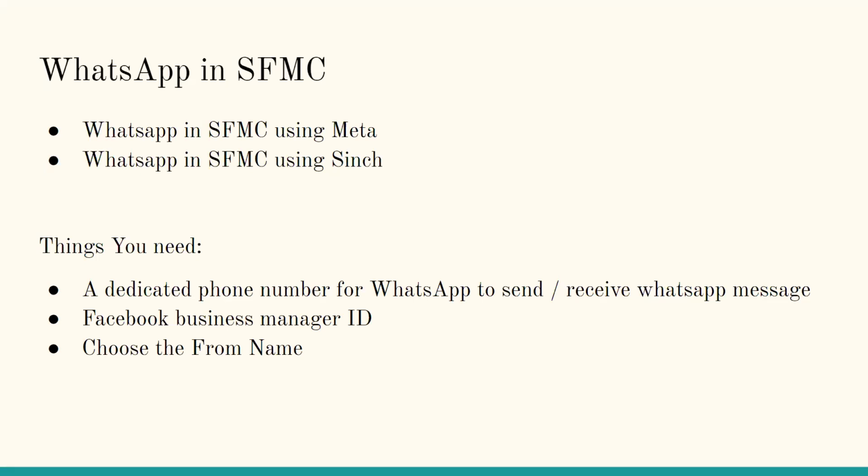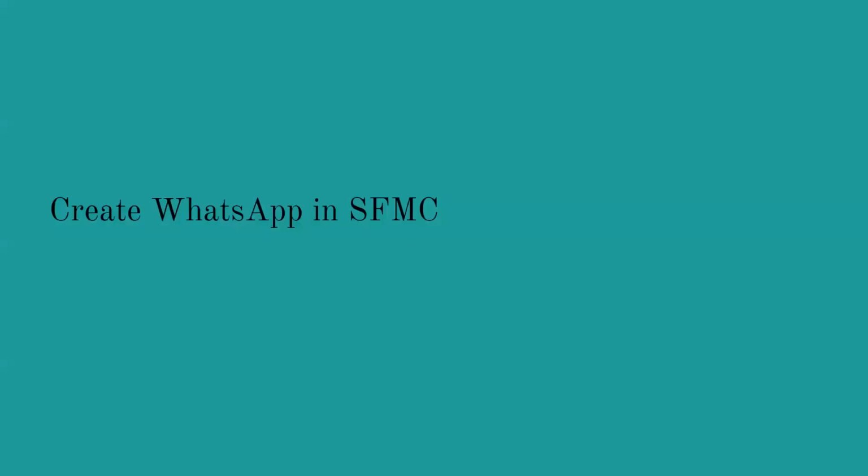Basically, your company name can be the from name, so a company called Sony can have the from name Sony. So you have to choose a from name, a phone number, and a Facebook Business Manager ID. You might need to have these things before you even initiate the conversation with WhatsApp, or once you have installed it.